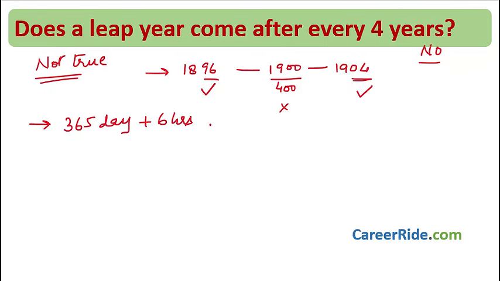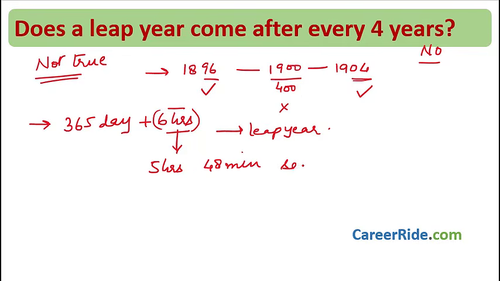This is what we knew till now. And because of these 6 hours get accumulated, and at the end of the 4th year we add these 6 hours and form the leap year, right? But in reality these are not 6 hours. These are actually 5 hours, 48 minutes and some seconds.